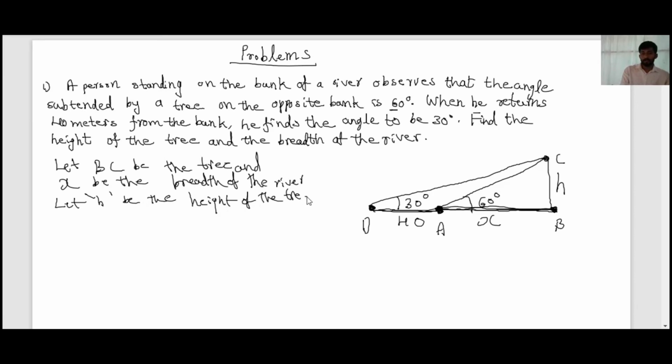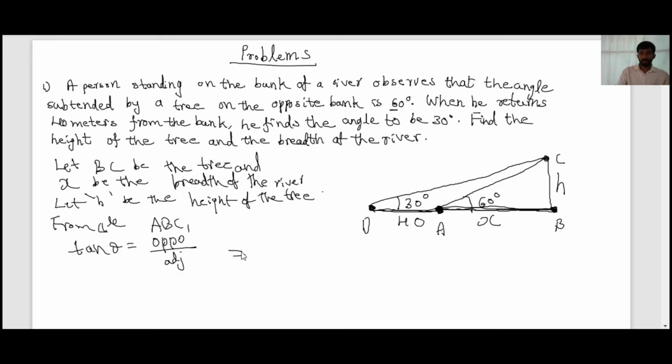Now see, first consider the triangle ABC, the small triangle. From triangle ABC, see here the adjacent side is used, the opposite side is used. Which trigonometric function do you need to use? Tan theta. What's the formula for tan theta? Tan theta is equal to the opposite side divided by the adjacent side.